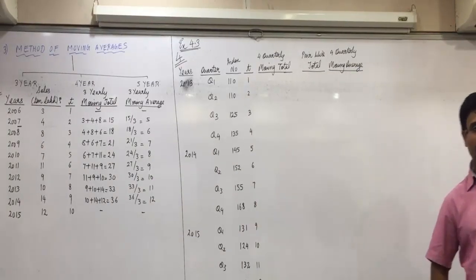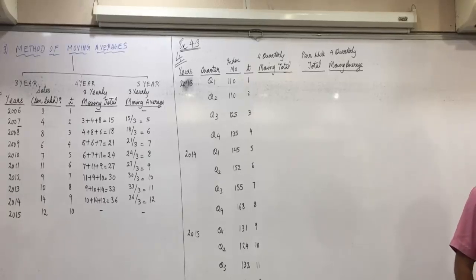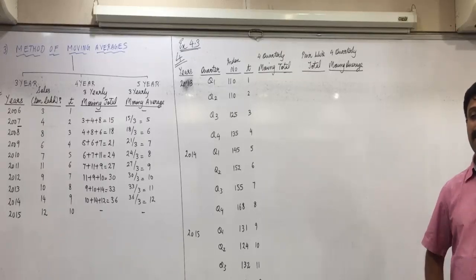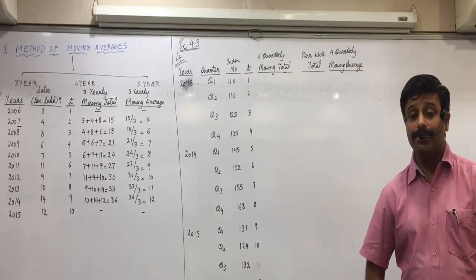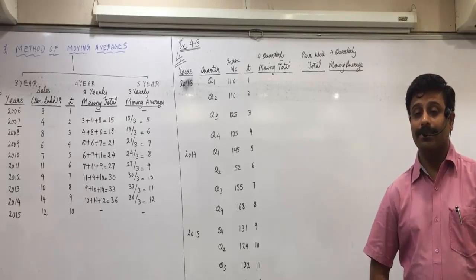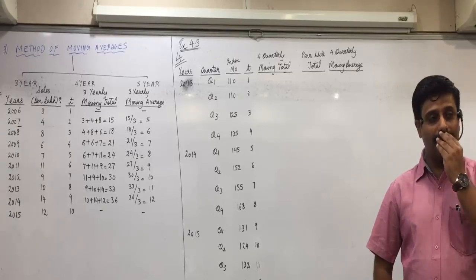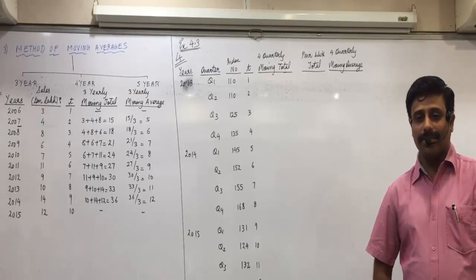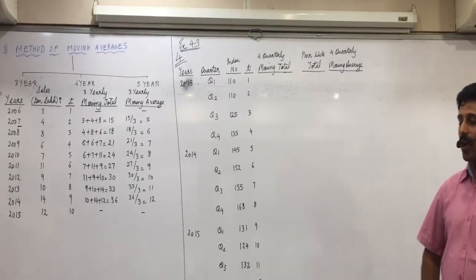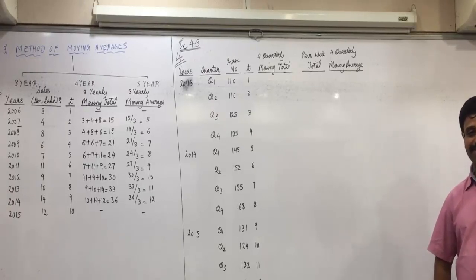Tomorrow MCQs, you'll write income theory, etc. We will finish tomorrow, and day after tomorrow we'll start with final accounts. It is very easy. In vacation also you have said it a lot.